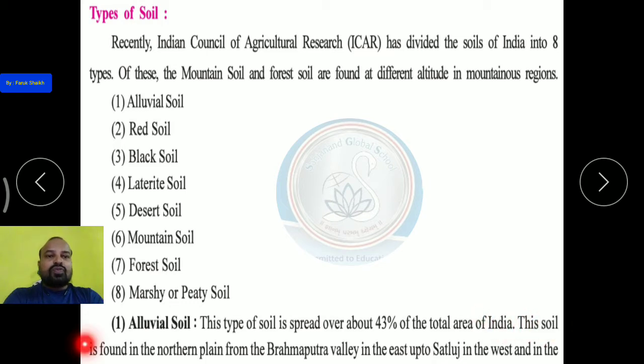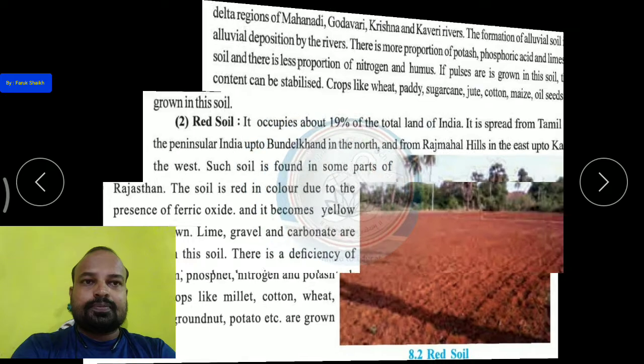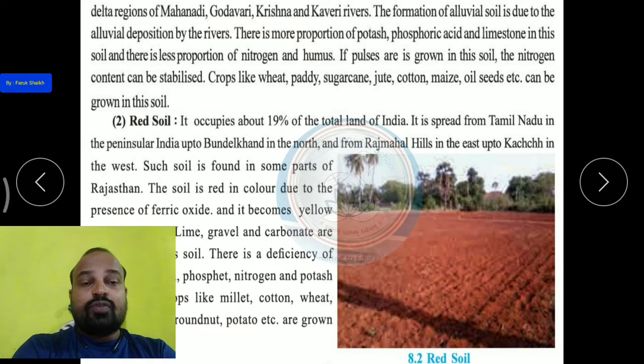This soil is found in the northern plain from the Brahmaputra Valley in the east up to Satluj in the west, and in the delta region of Mahanadi.